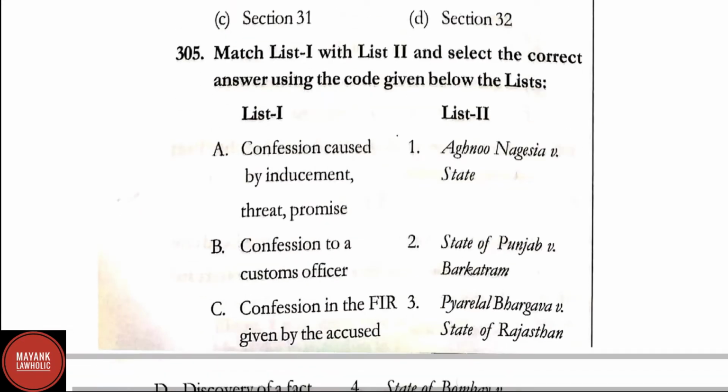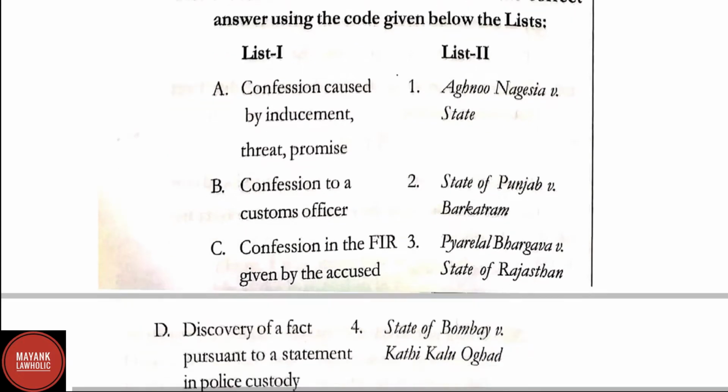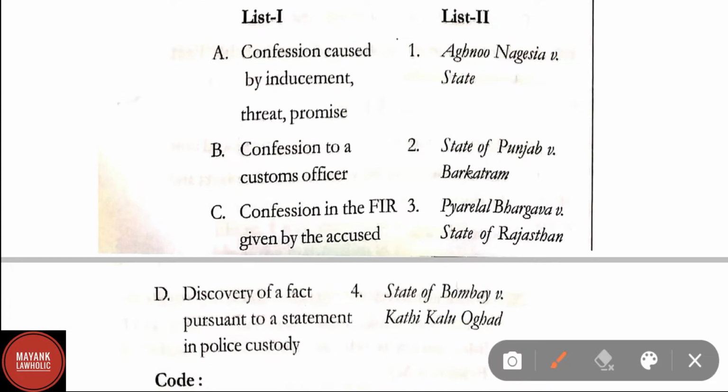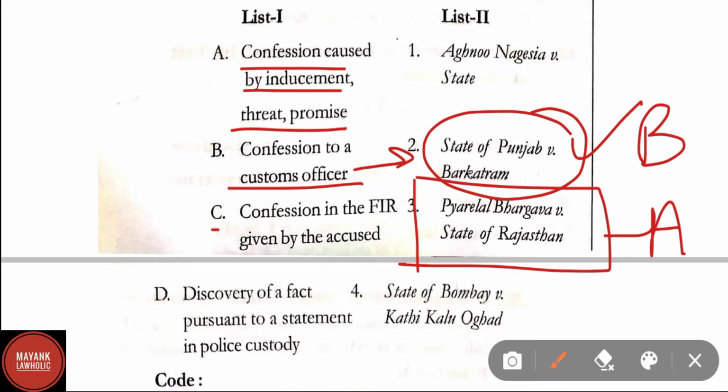Question number 305. Match list first with list second and select the correct answer by using the codes given below. In list 1, option A is confession caused by inducement, threat, promise. The correct match here is Pyarelal Bhargav versus State of Rajasthan. Option B, confession to a customs officer. The correct match here is State of Punjab versus Barkat Ram. Option C, confession in the FIR given by the accused.